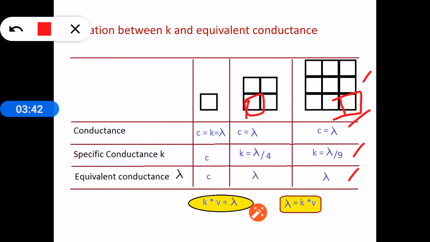From this we can understand that lambda remains constant even on dilution, whereas K becomes 1 by 4th here and 1 by 9th here. On dilution lambda remains constant because the conductance of the total solution is lambda here, and again we treated it as lambda here, and as the number of ions is not changing, the conductance value remains constant, that is, equivalent conductance remains constant. But specific conductance K is decreasing, becoming 1 by 4th here and 1 by 9th here.